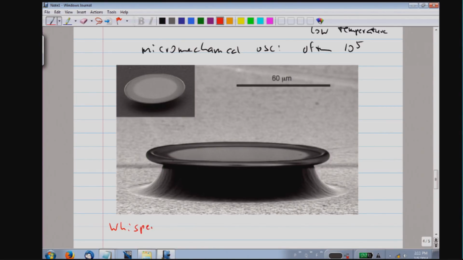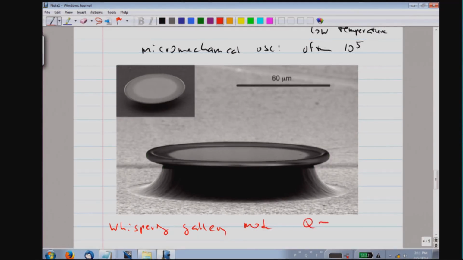So this is a resonator for whispering gallery mode, and that can have a Q on the order of 1 billion.